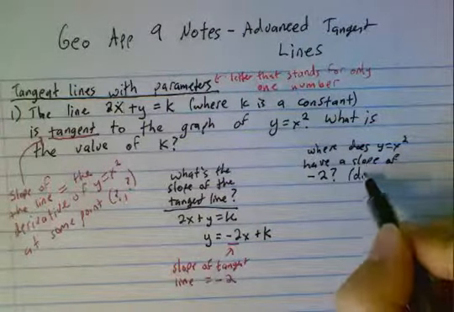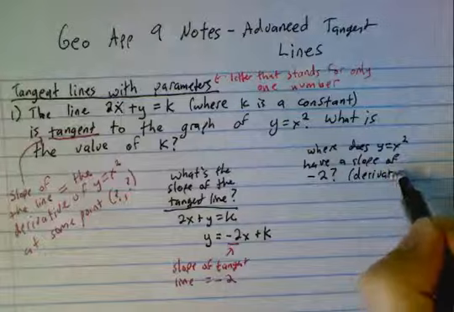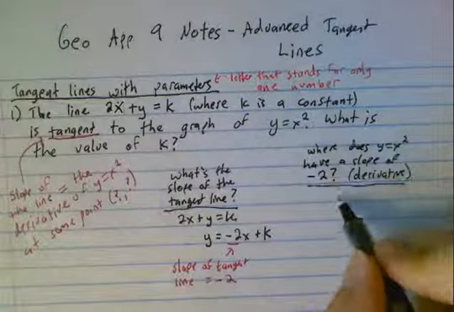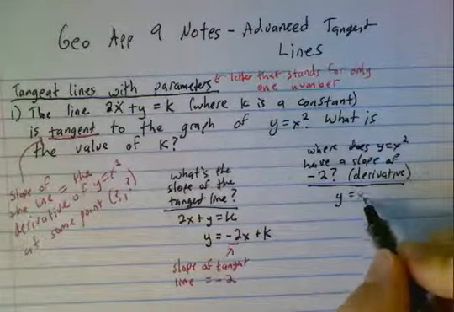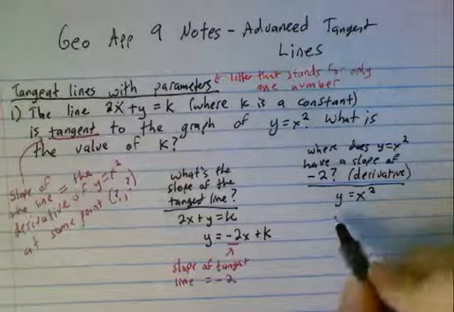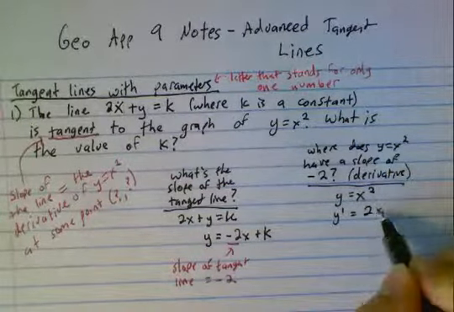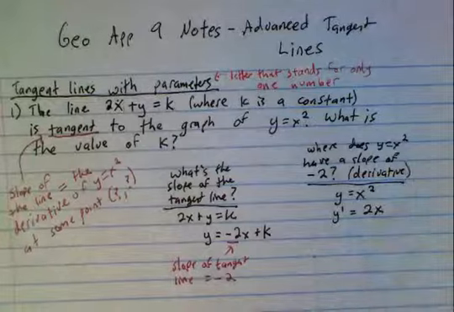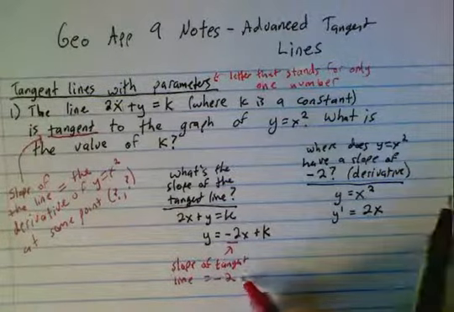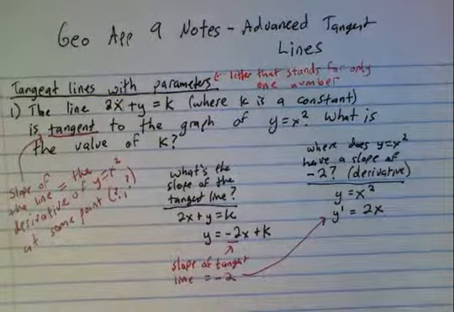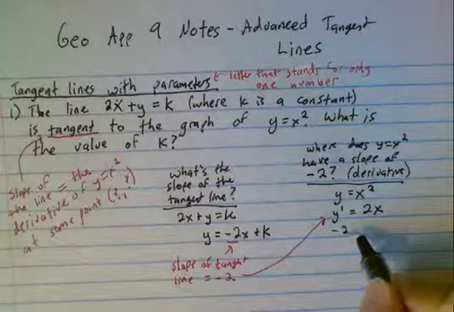Remember, we're talking about the derivative. So if we start with the function y equals x squared, we take the derivative of that, that's 2x, and we know that at some point we want that slope, that y prime, to equal negative 2.